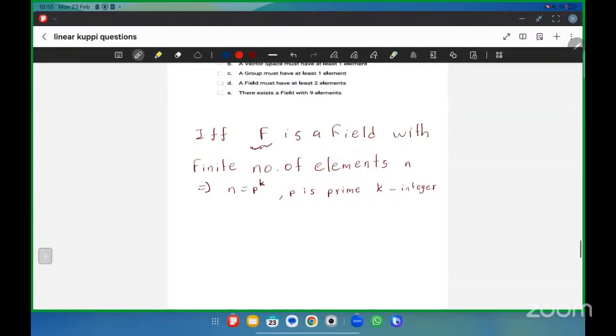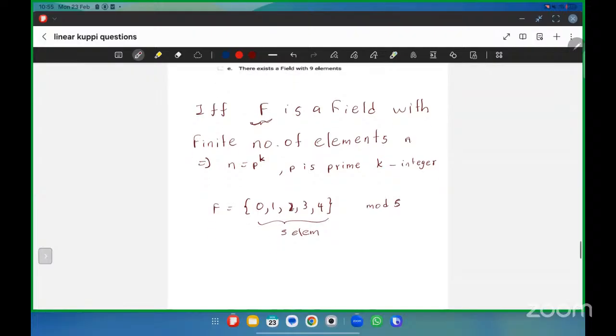For example, the finite elements means just imagine f is equal to 0, 1, 2, 3, 4. So here are 5 elements. Its operation is mod 5.